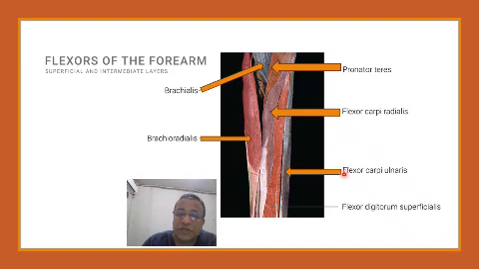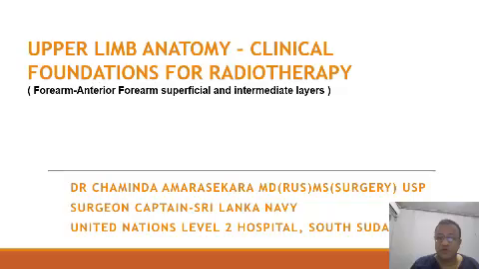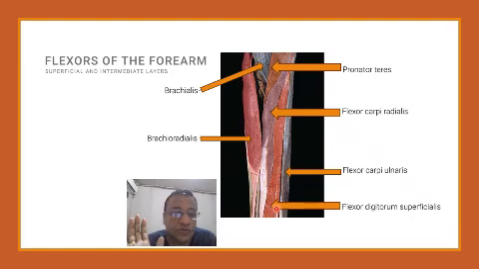Here you may expect to see the palmaris longus, but in this individual palmaris longus is absent, so we can see the flexor digitorum superficialis. It's from the intermediate group. So now we have gone through the flexor compartment, superficial layer and intermediate layer.